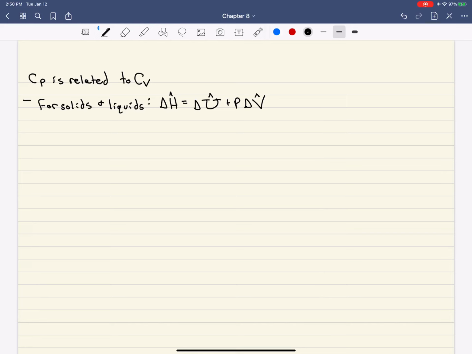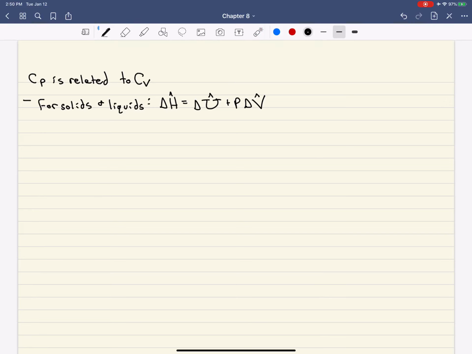And if the density doesn't change, that also means their specific volumes don't change, because density is just equal to 1 over specific volume. So if we're looking at the change in the specific volume, as denoted by this delta V hat, because these are incompressible materials, the specific volume doesn't change.